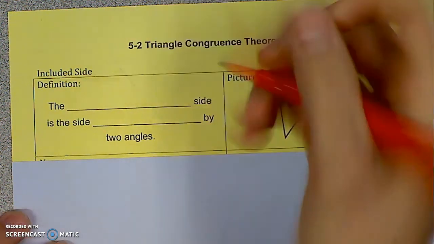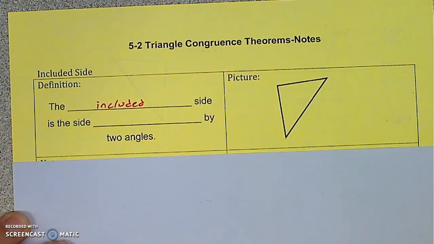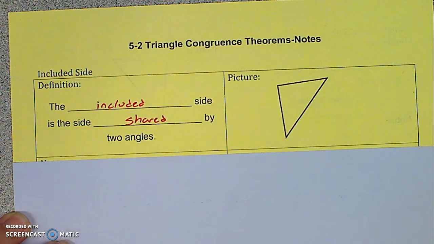The definition: the included side is a side shared by two angles.